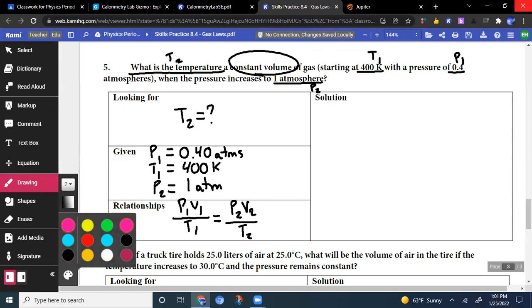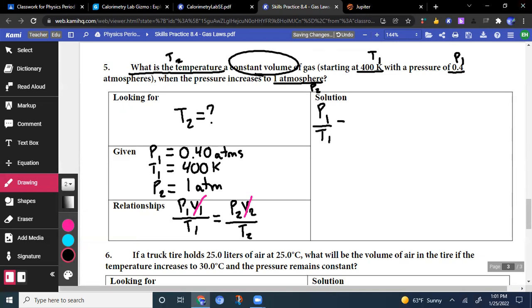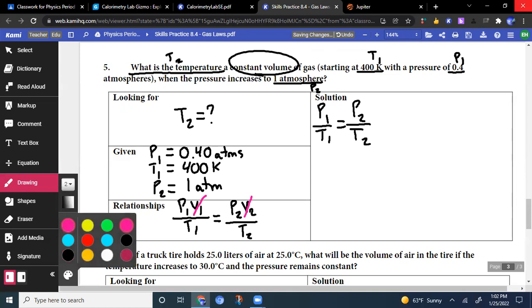Again, since the volume remains constant, volume gets canceled. And we are dealing with P1 over T1 equals P2 over T2. You cross multiply, get your cross products in there.